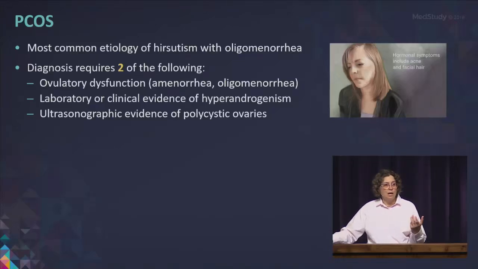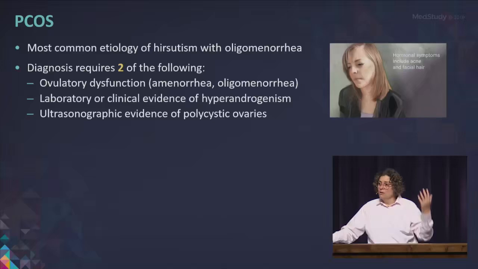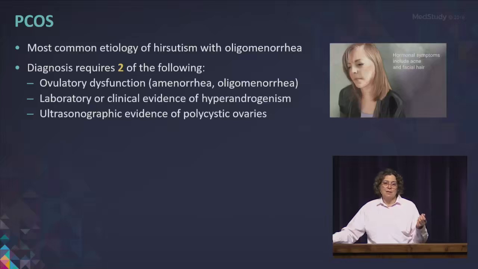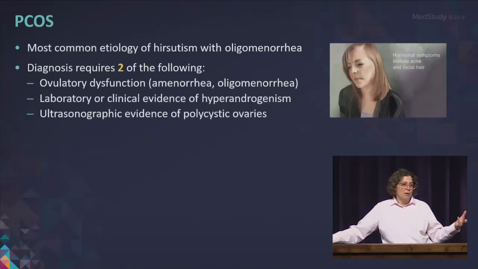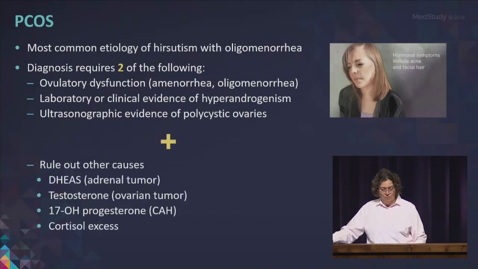So sometimes you see a high testosterone, sometimes you see a normal testosterone, but clearly you have increased terminal hair, you have acne, you have scalp hair loss, so signs of androgen excess. And sometimes you look for ultrasound evidence of PCOS. That's more done by the OBGYN, so generally our diagnosis requires the first 2.